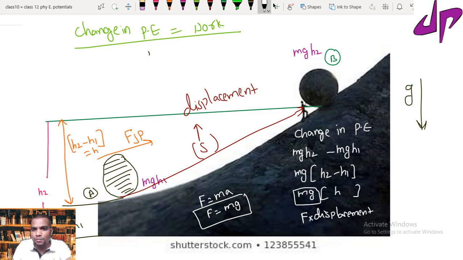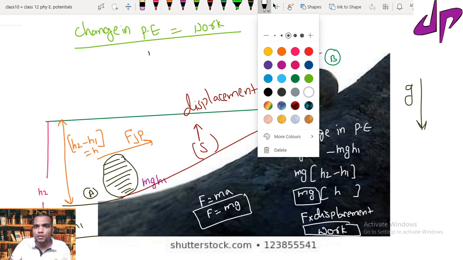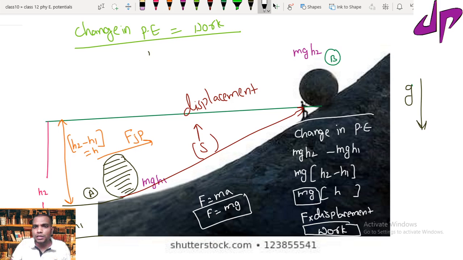Force times displacement we call work. So this is the proof that change in potential energy is equal to work.